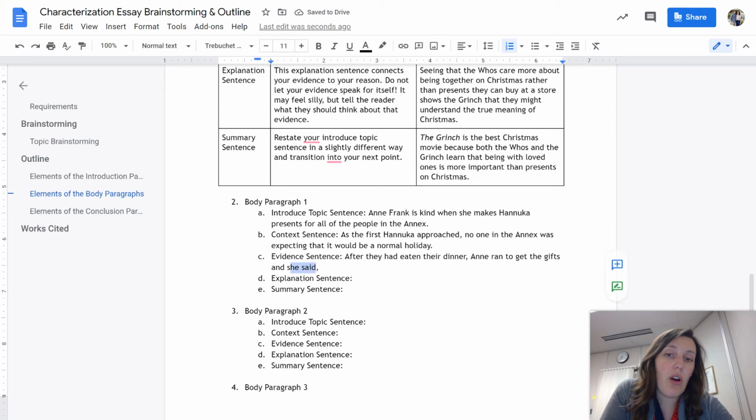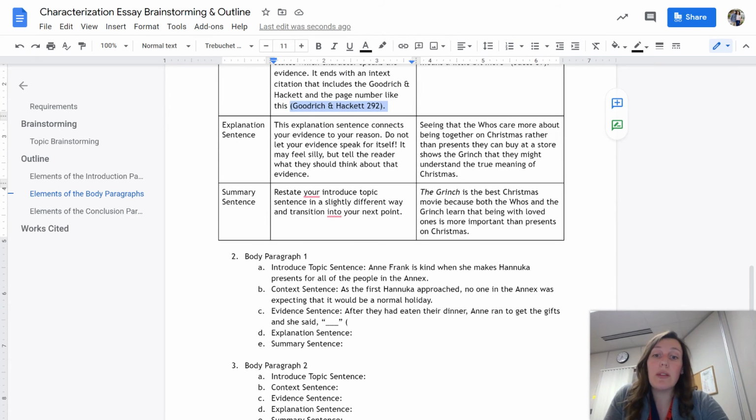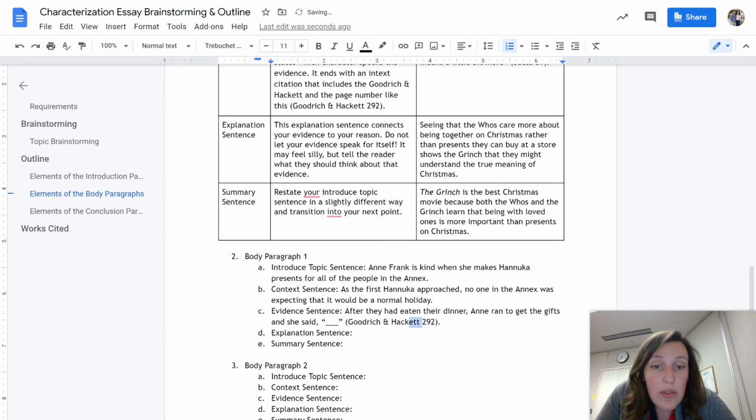So I want to know who said your evidence and what they were doing. So after they'd eaten dinner, Anne ran to get the gifts, and she said, and then I would have what she said when she walked in there. I can't remember. And then I would end with an in-text citation. So remember that page number. These will always be the same: you're looking for the authors' last names, Goodrich and Hackett, and then the page number that you'll just change. And then the period goes at the end.